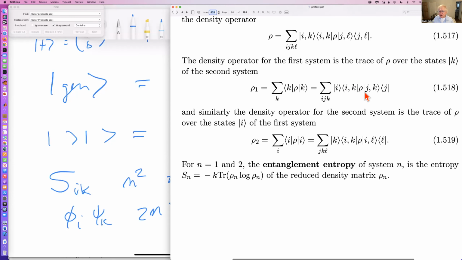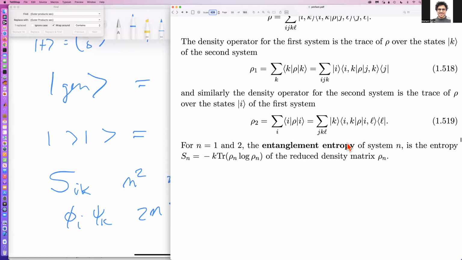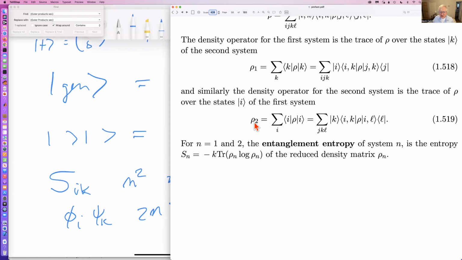The matrix element is this trace over the K states, and similarly over here. The other reduced density matrix is trace over the I states, and you get then KL. I'm not sure the notation is the greatest here.